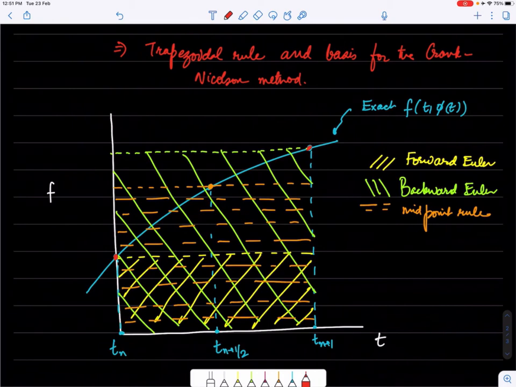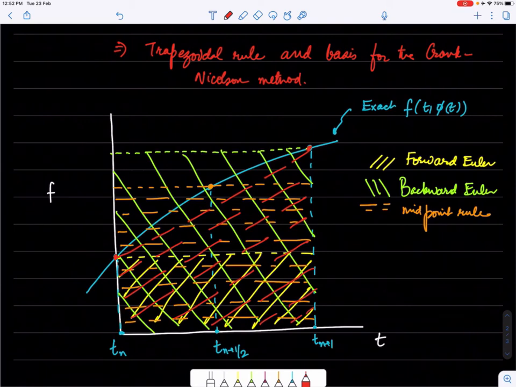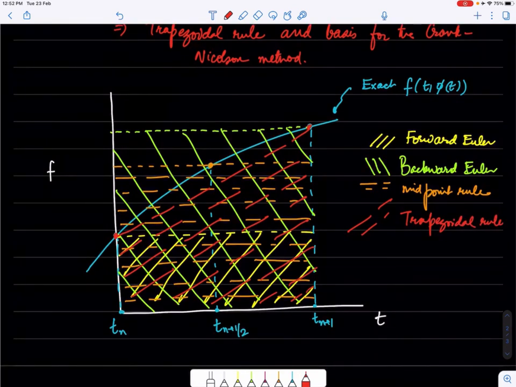So if I can draw a line there, let me draw a dashed line. So it says that use this line as the line under which the area is the approximation for the integral of the actual curve. So under this trapezoidal rule, we will have this area which will get counted. So this is the trapezoidal rule.